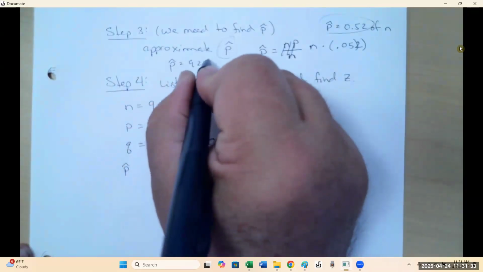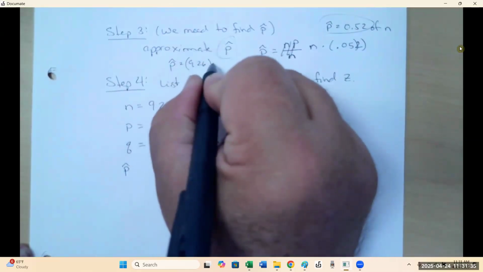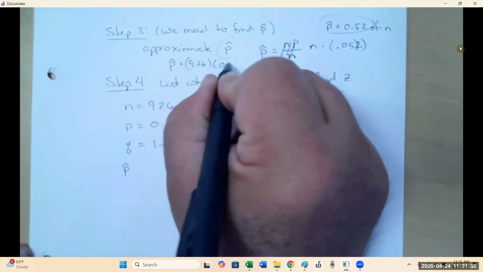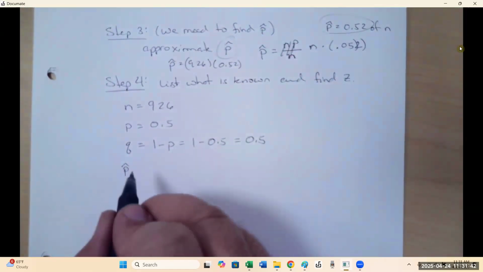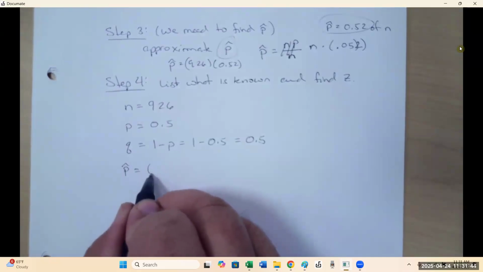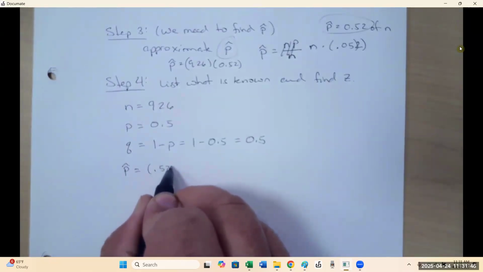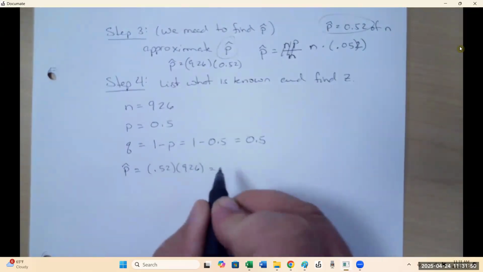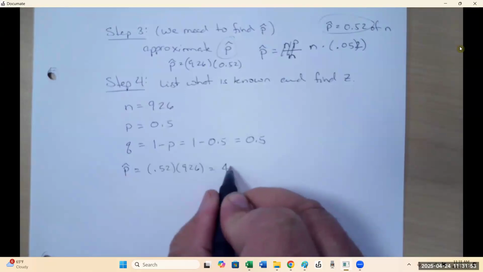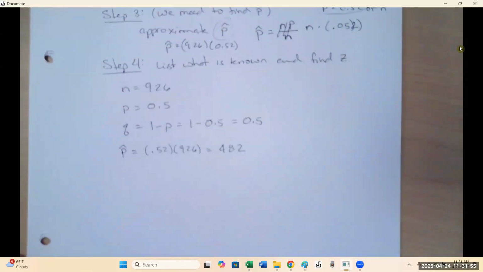So p hat is 926 times 0.52. That equals 482.